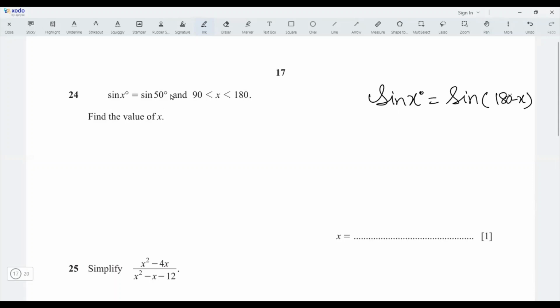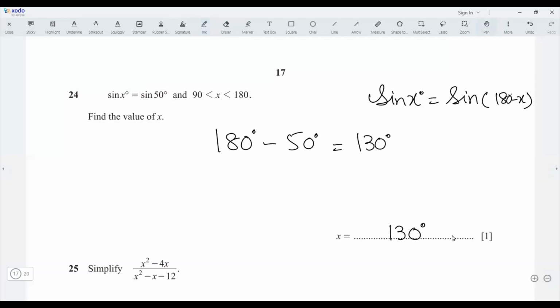So if the angle is 50, if we take the supplement of it, that must be x. So x must be 180 minus 50 degrees, which gives 130 degrees. So I hope you understand this.